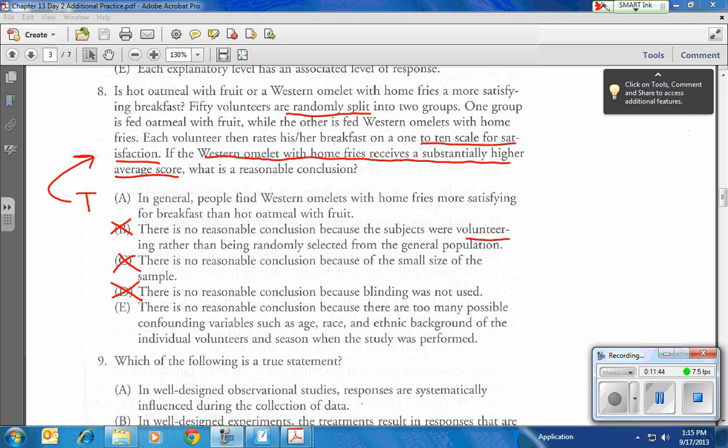Some people just love oatmeal and fruit. They have that every morning for breakfast. It's possible. Some people may have eggs and French fries every morning. Is this a problem? Because it doesn't really pertain to what they're asking.